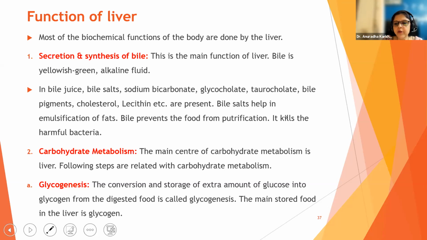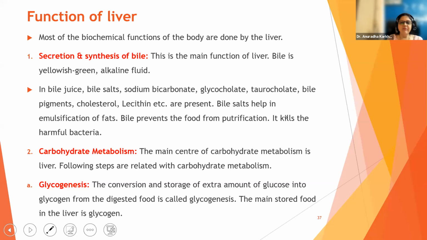Glyco means what, beta? What do you mean by the word glyco? Gluco, glyco. What do you mean by that? Sugar, exactly. So the conversion and storage of extra amount of glucose into glycogen from the digested food is called glycogenesis. Genesis means to generate. Okay, glyco is sugar. So to generate sugar means what?